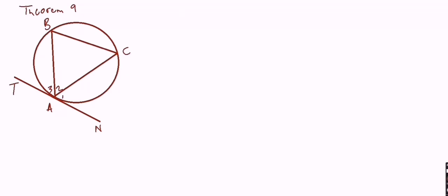So I want you to see that A1 is the angle between the tangent and the chord AC. But the chord AC happens to subtend the angle B. That is the first thing I want you to note. Another thing I want you to note is that A3 is between the tangent and AB. AB happens to subtend angle C.